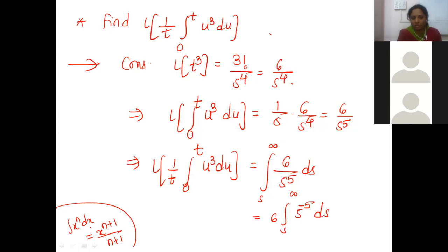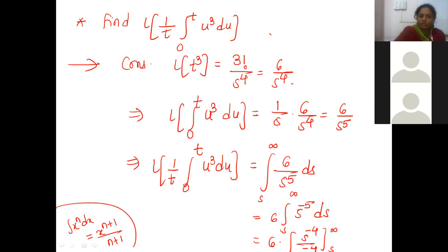Please remember. So it is like that: s raised to n ds, just the variable is s here. So it is 6 into s raised to minus 5 plus 1, that is minus 4, upon minus 5 plus 1, that is minus 4, from s to infinity.